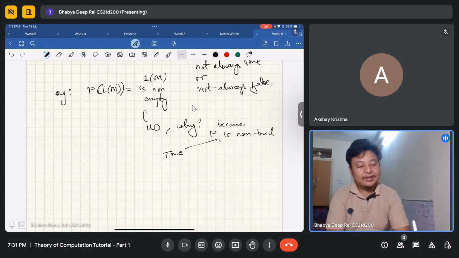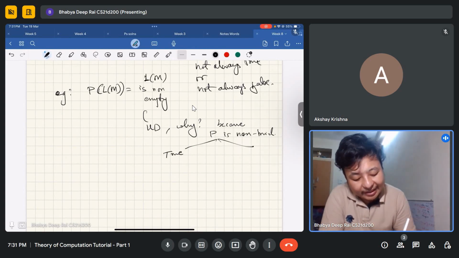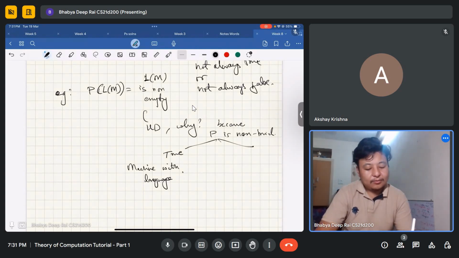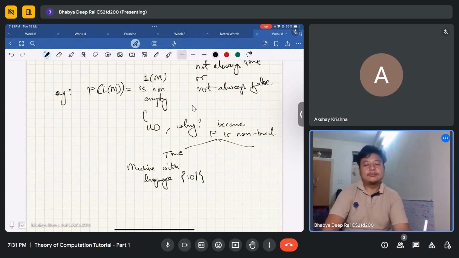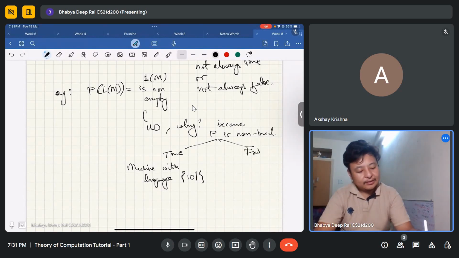For example, for non-empty, I can make a machine with language 101 or sigma star, whatever, and for false a machine with language as empty.